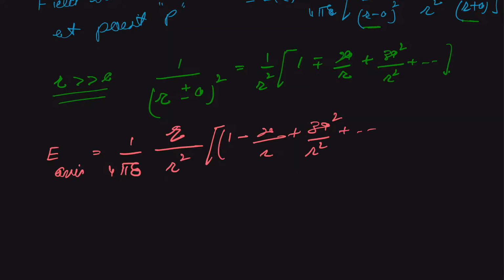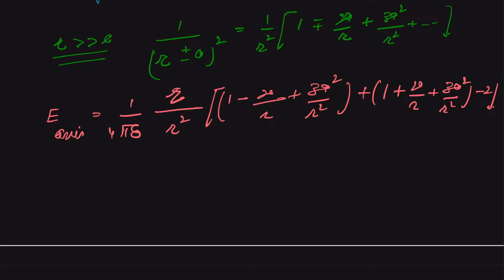This will be because of our first part, and we can ignore the higher terms, we need not write them. And then it comes as plus 1 plus 2a upon r plus 3a squared upon r squared, and minus 2.